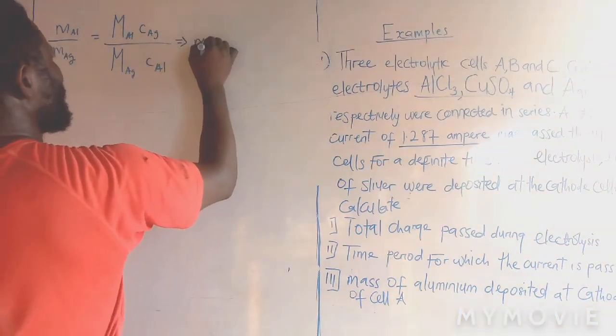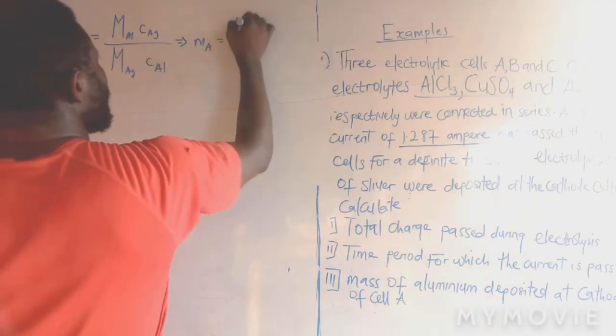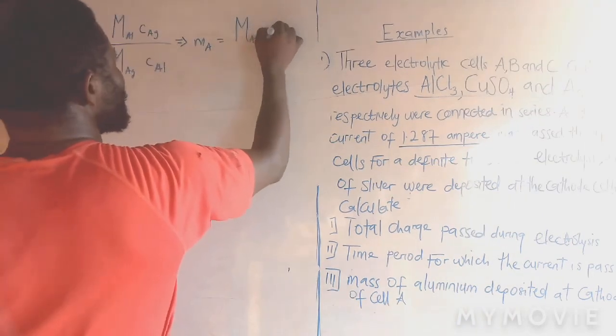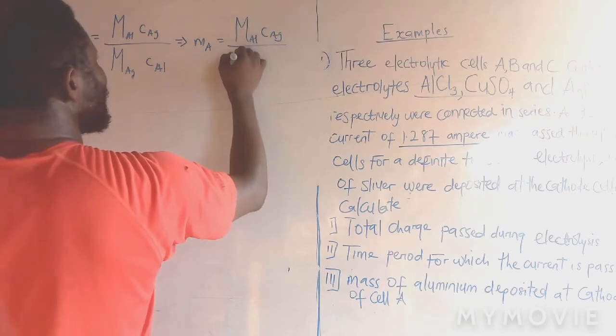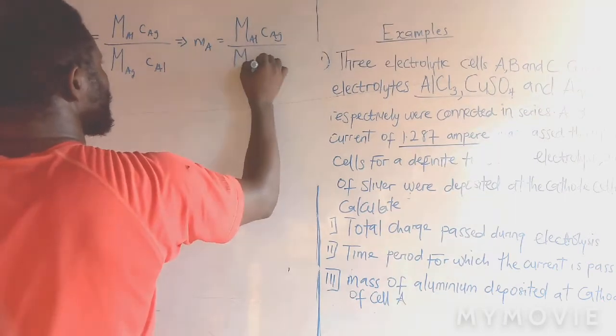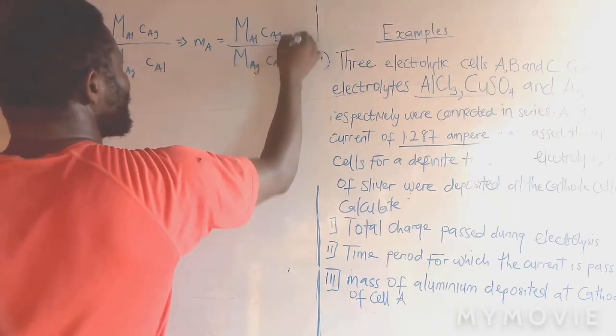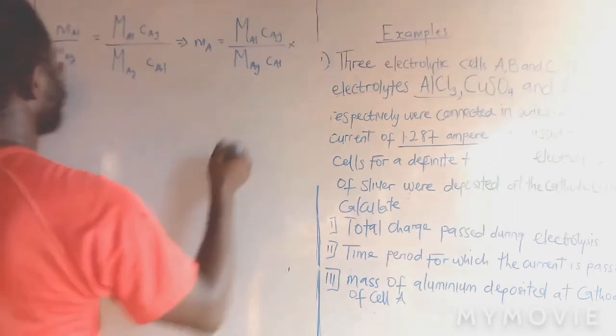So mass of aluminium is equal to MAl CAg over MAg CAl multiplied by mass of silver.